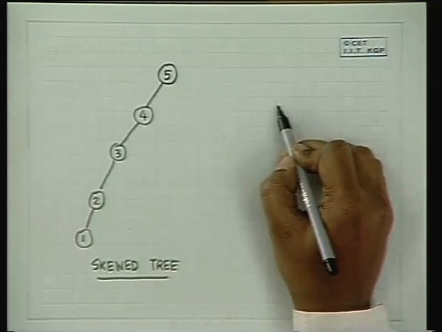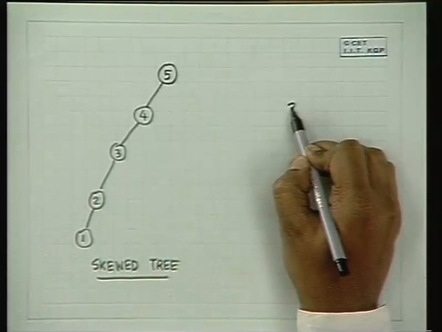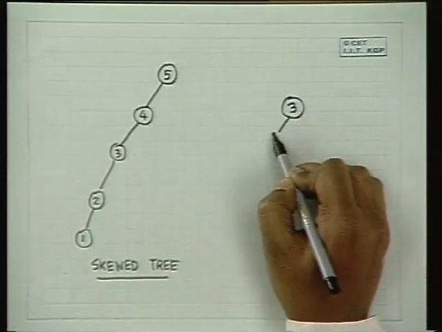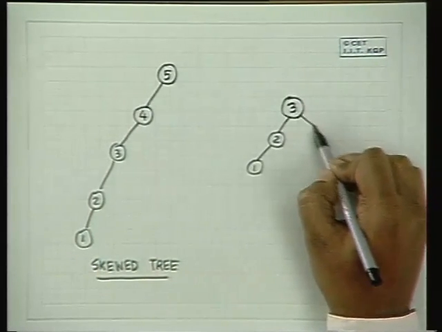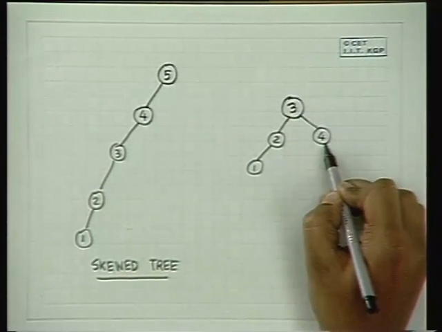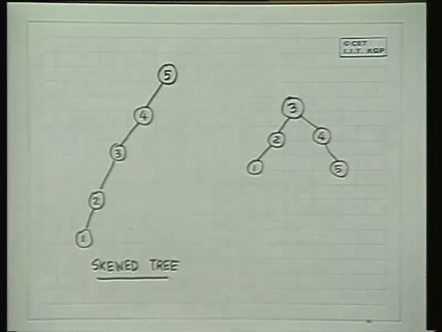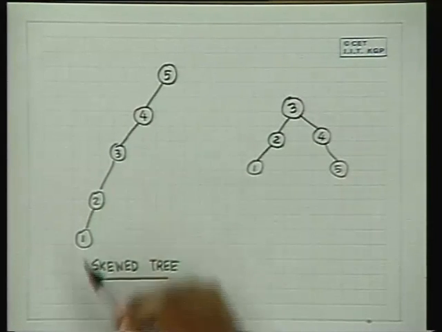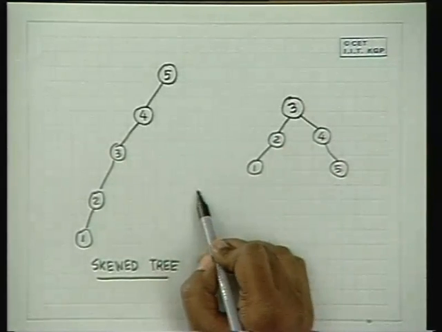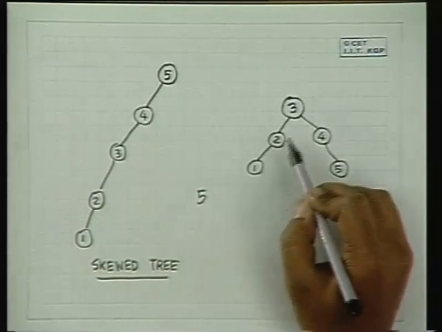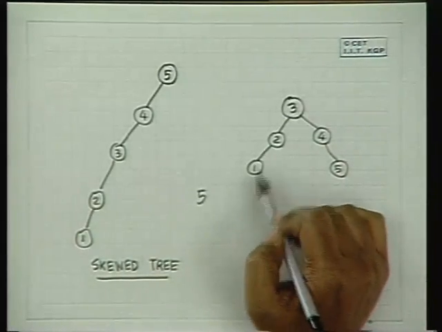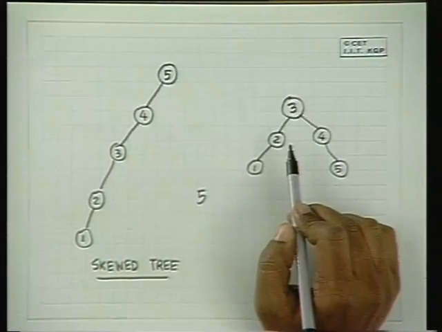But in the best case, this tree could well have been in a better situation. This tree could have been like this. Now 1, 2, 3, 4, 5 nodes. Given 5 nodes, can you get a tree whose length of the longest path is less than 2?